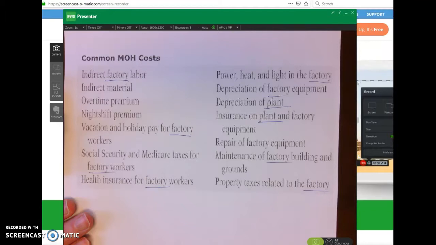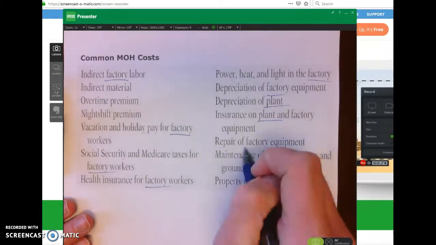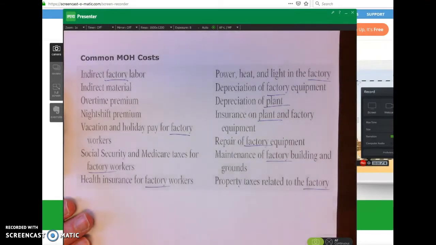It means they're closely associated with making the final product, so it's considered a product cost as opposed to what we're going to talk about here in a second, a period cost. These are not period costs. Those are product costs, which means that they eventually show up in cost of goods sold, and then they are eventually pushed down to inventory as well.